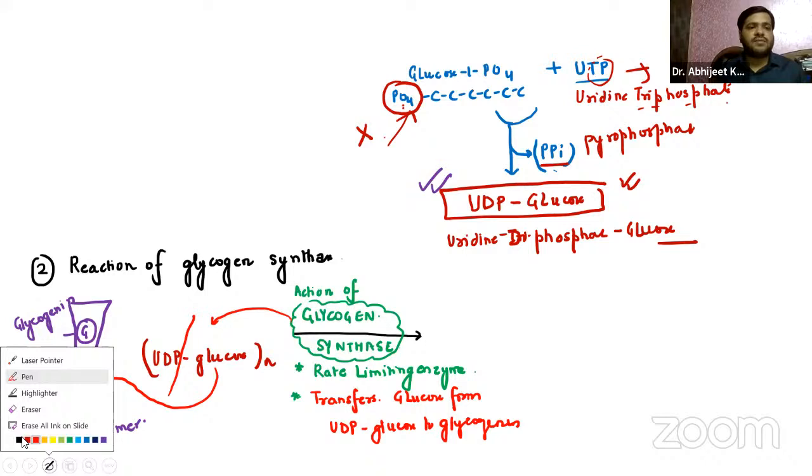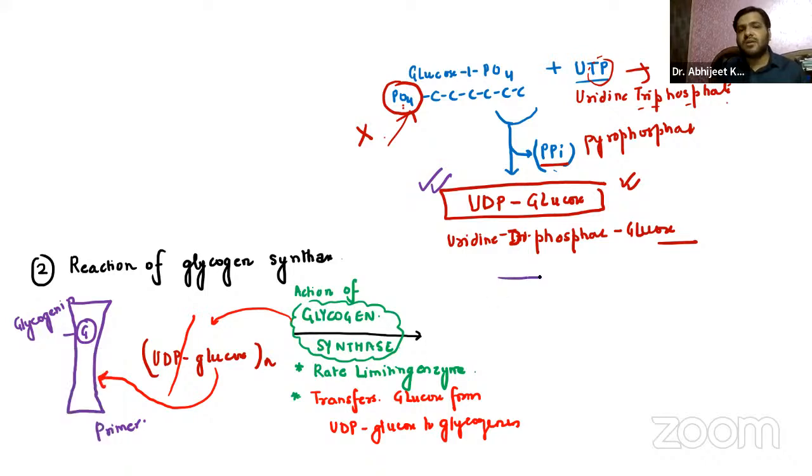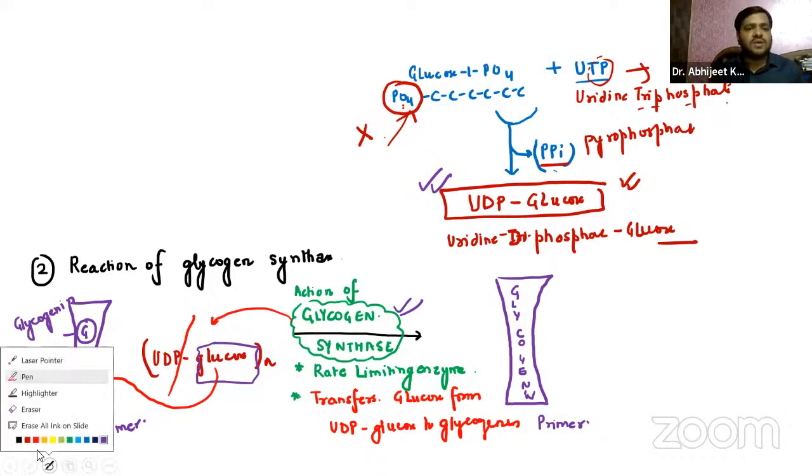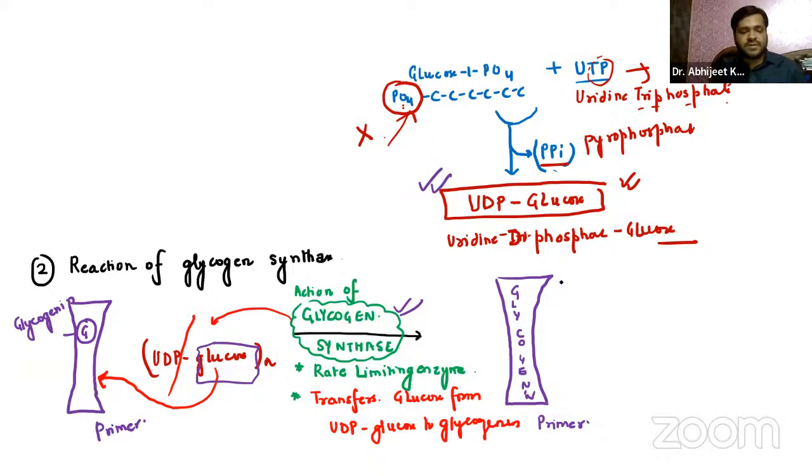So now let us just try to see over here what happens. So this is the glycogenin. We have the primer, and this primer is having glycogenin. Now to this, what is adding? Glucose is adding. That is the action of glycogen synthase. So let me try to draw the glucose over here.